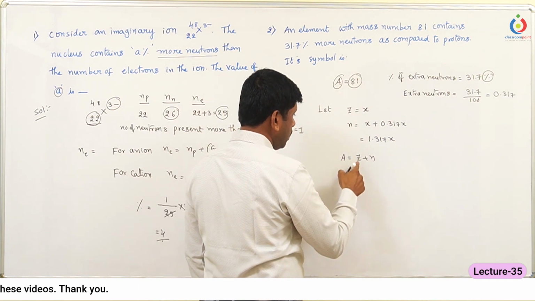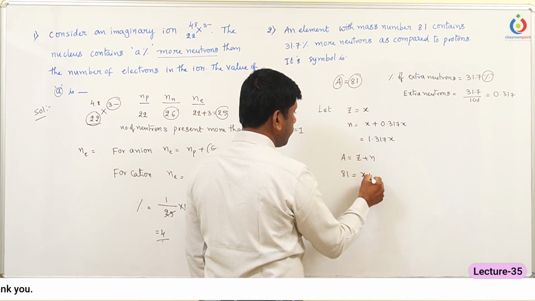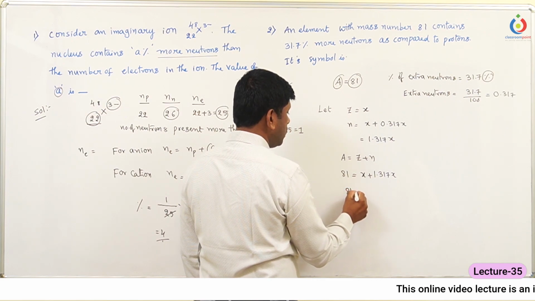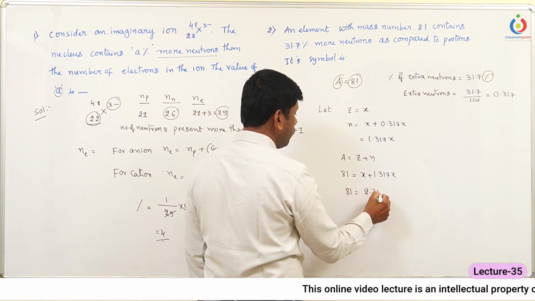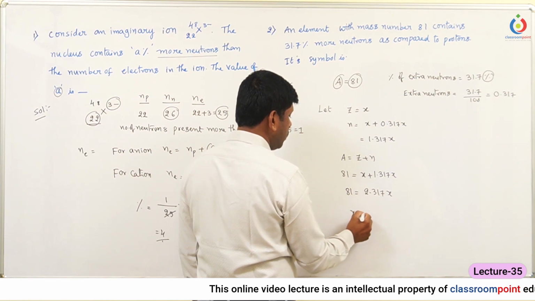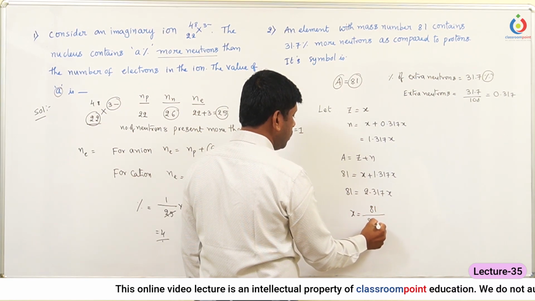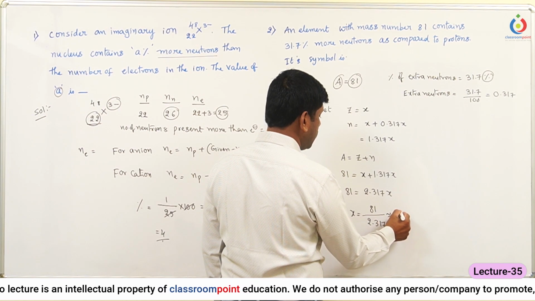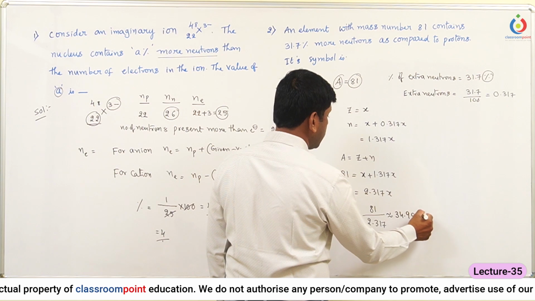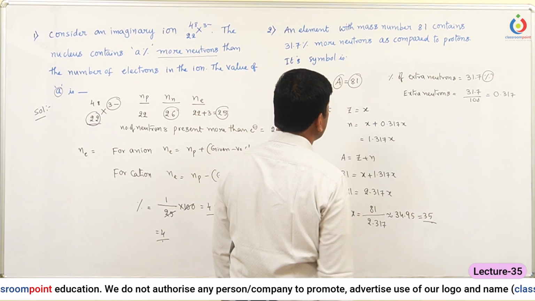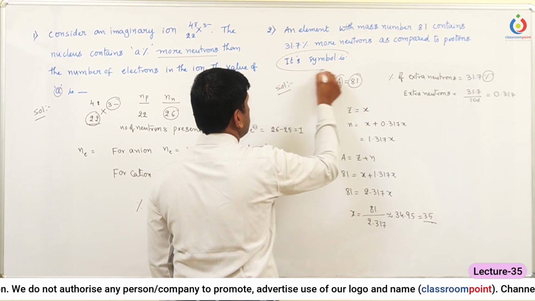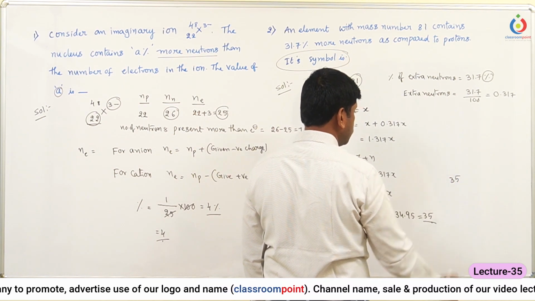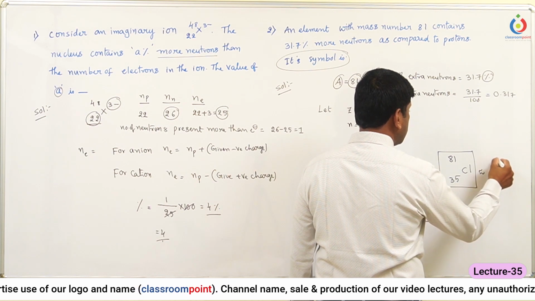So 81 equals X plus 1.317 X, which is 2.317 X. So X equals 81 divided by 2.317, approximately 34.95. So we can consider this as 35. As they asked for the symbol of this combination, we write 35X81.